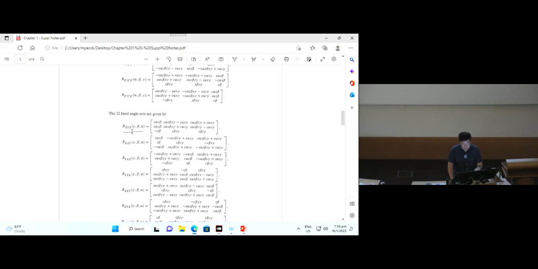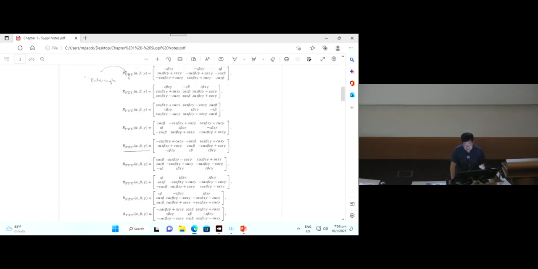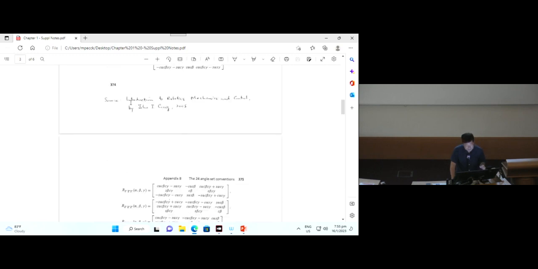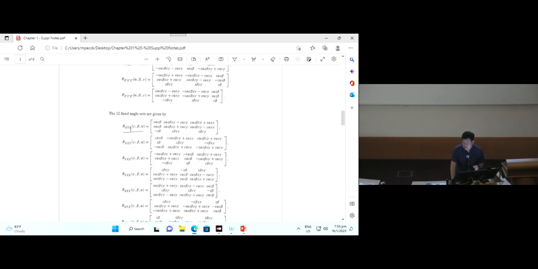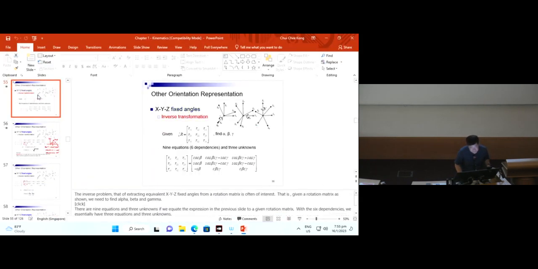So this R x y z, the Euler angle we indicate by x prime, y prime, and z prime. The fixed angle we indicate by x, y, z.